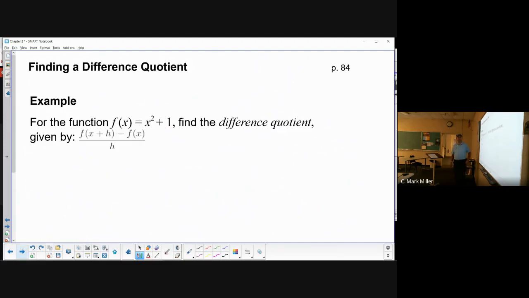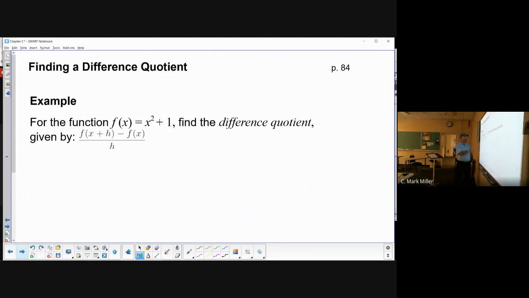Find the difference quotient. This is actually important down the road. This is something that they want you to learn now. It involves what we've been doing. This is the difference quotient for that particular value.